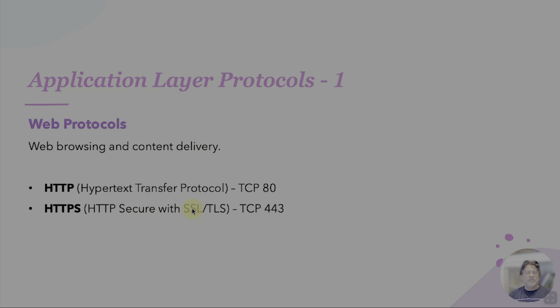SSL version 2 and version 3 are both insecure, and even TLS version 1 and 1.1 are considered insecure. You'd rather want to use TLS 1.2 and 1.3. We had more information in the previous lecture. Please feel free to look at that to get more information about TLS. Okay, that uses port 443.